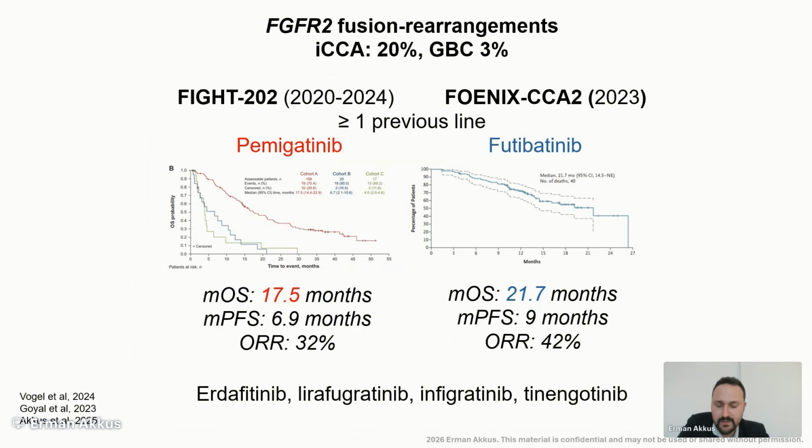Other FGFR inhibitors investigated in biliary tract cancers are erdafitinib, lirafugratinib, and infigratinib. And recently we have seen the results of tinangotinib, and it was effective even in FGFR inhibitor pretreated patients.